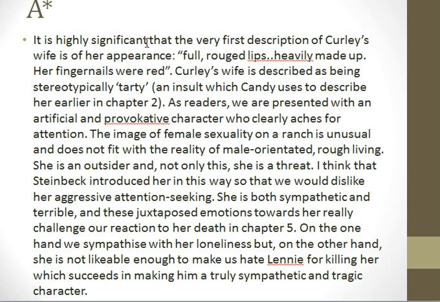That the very first description of Curly's wife is of her appearance, full rouged lips, etc. Curly's wife is described as being stereotypically tarty, an insult which Candy uses to describe her earlier in chapter 2. So this student has managed to use some really effective evidence and actually make links to other similar evidence elsewhere in the novel.